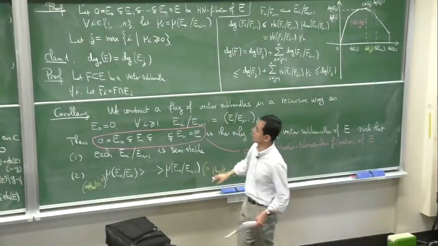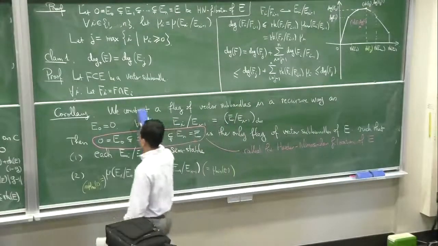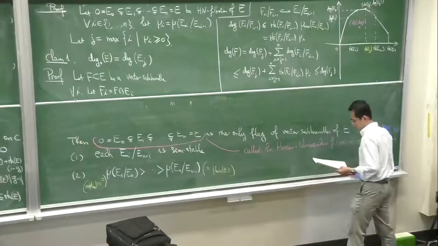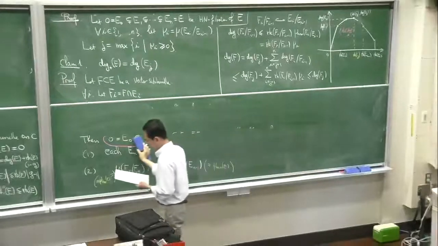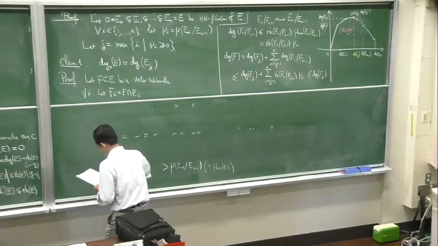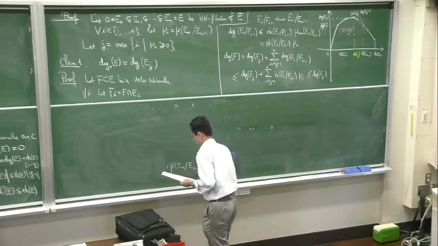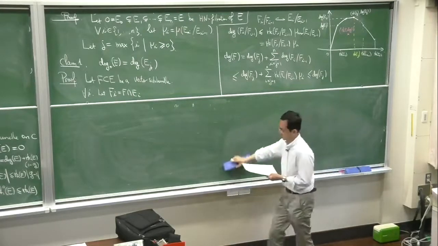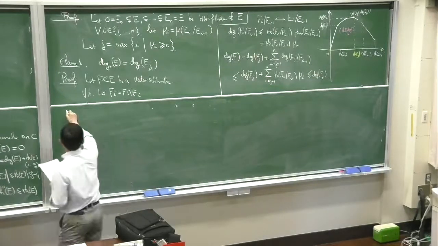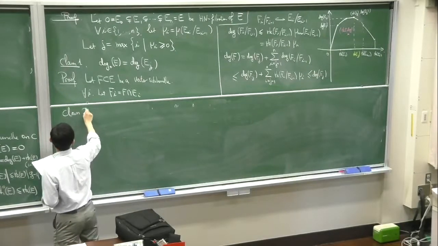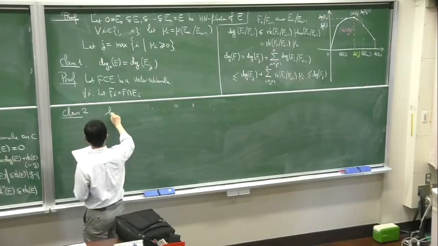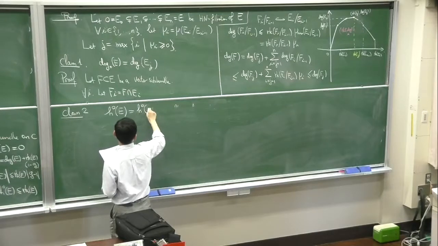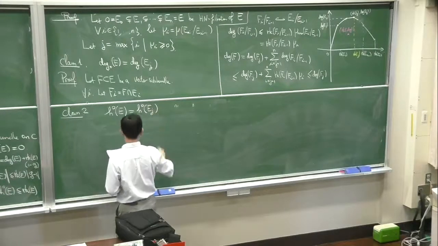So not only do you have such a comparison, but also for H0 you have a similar comparison. So the second claim is that H0 of E is the same thing as H0 of Ej.